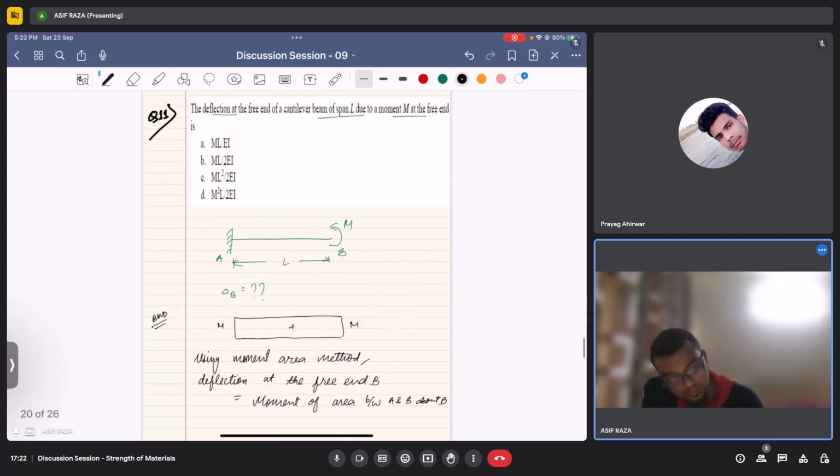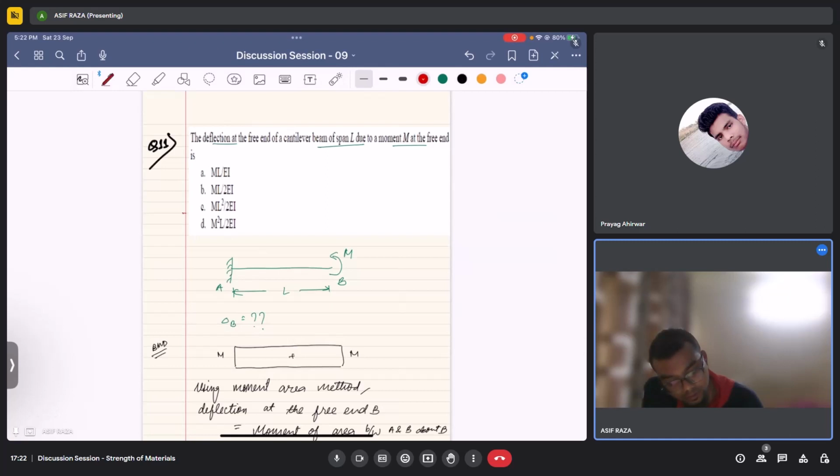This is it. The answer is option C, ML square by 2EI. Yeah, okay, I'm seeing now that we could have just found the answer using dimensions also, by eliminating all the incorrect dimensions for the deflection.